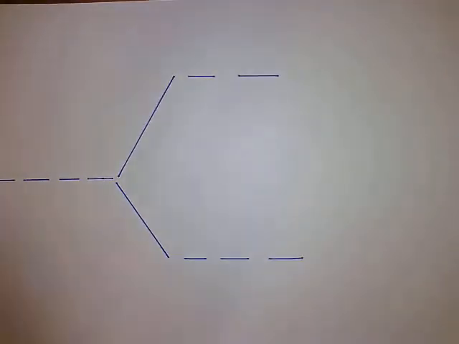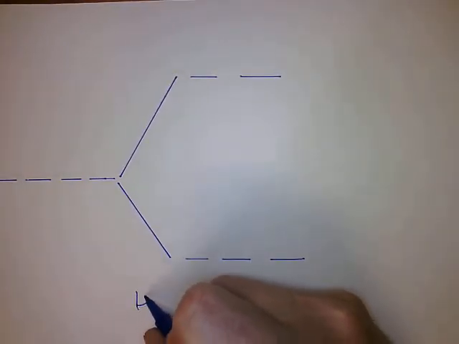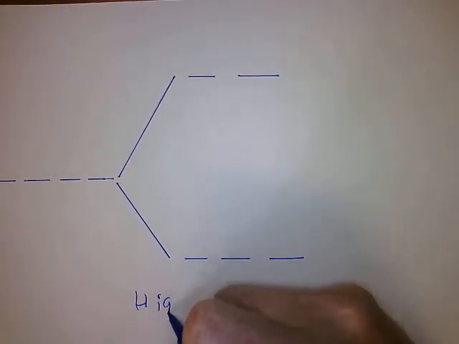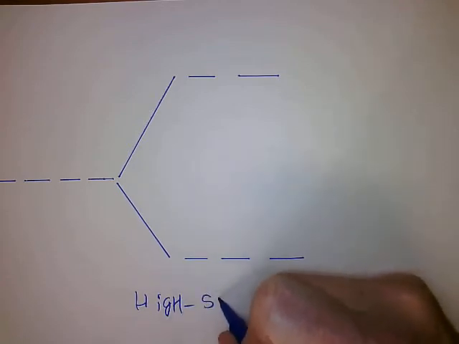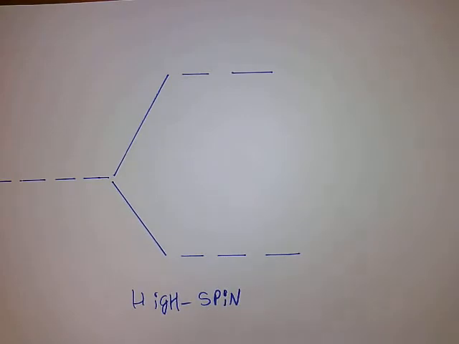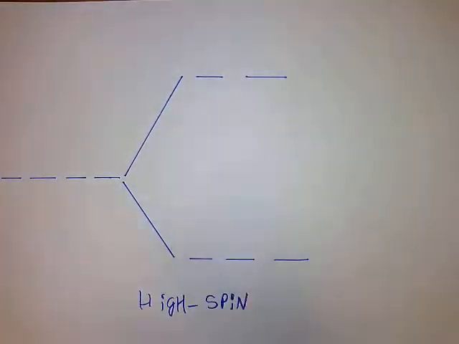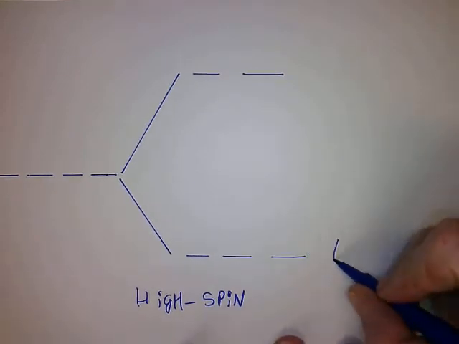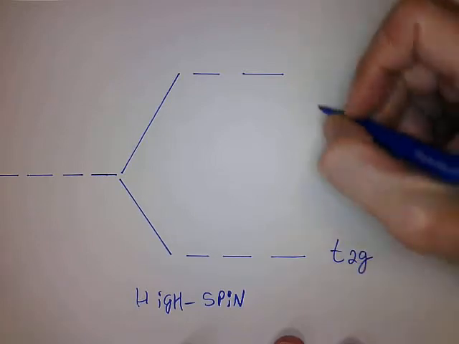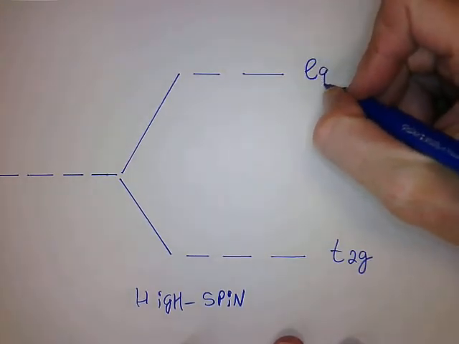Right, so let's say we were going to write the configuration for a high spin ion. Then we add 1, depending upon how many electrons we have. We put 1 electron. We don't pair them up until every orbital has 1 electron. So if we were going to write a high spin, one more time, these are the T2Gs and these are the EGs.